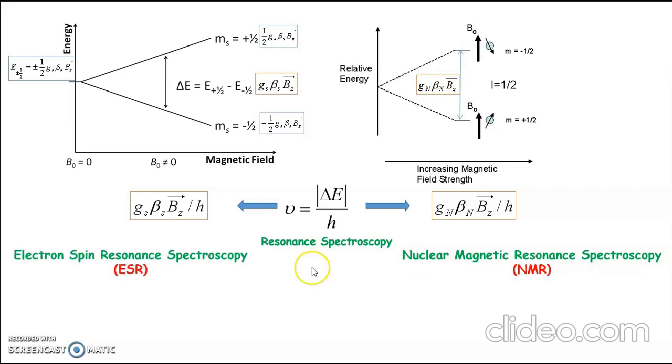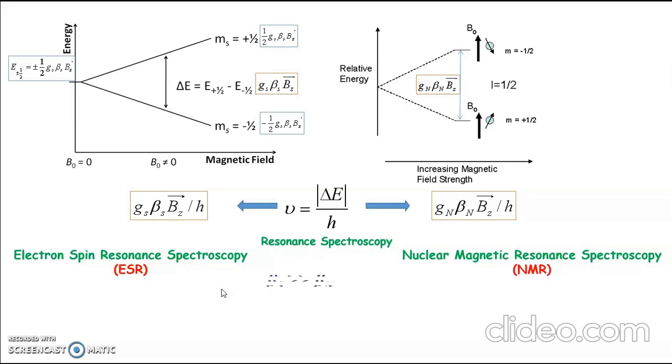And for transitions between electronic Zeeman levels, it is known as electron spin resonance spectroscopy, or ESR. As I have said, both of these spectroscopies are based on the same principle.